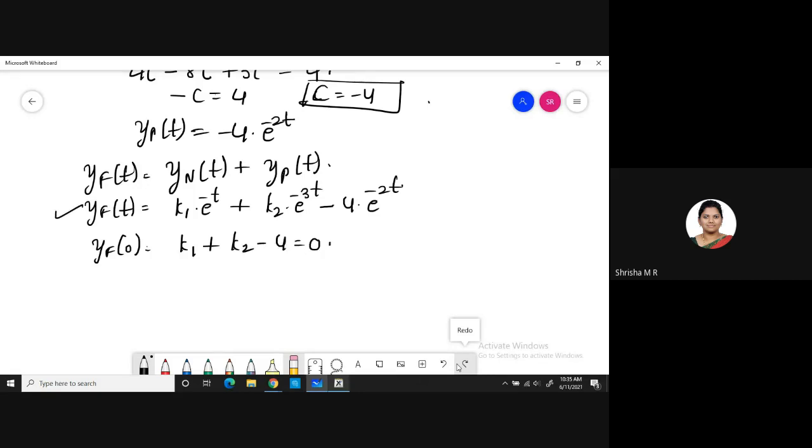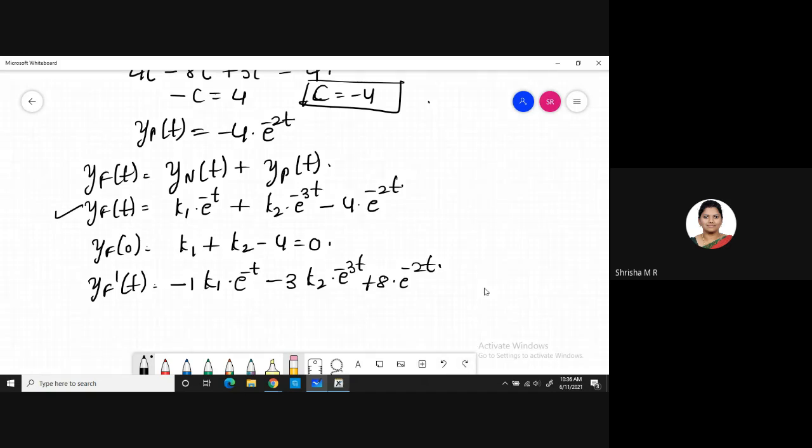Next, if you find the differential, yf dash of t, you get minus 1 into k1 into e power minus t, minus 3 into k2 into e power minus 3t, plus 8 into e power minus 2t.